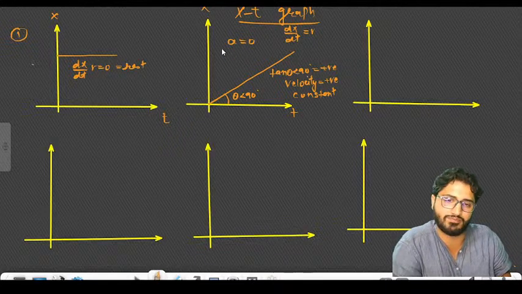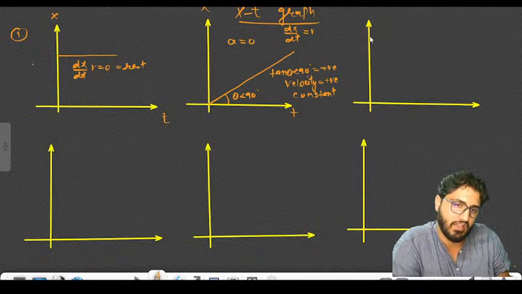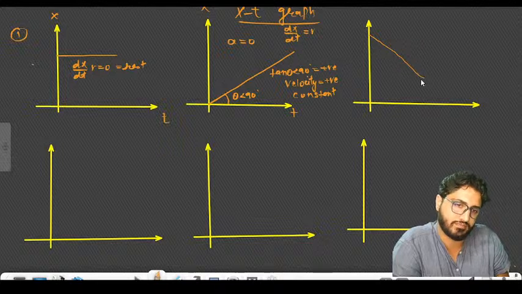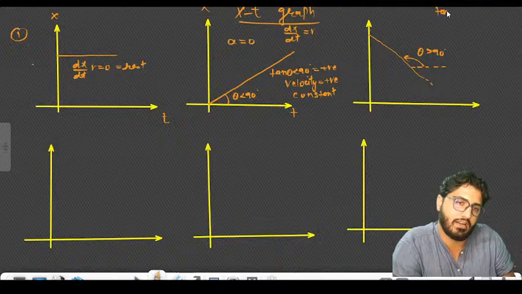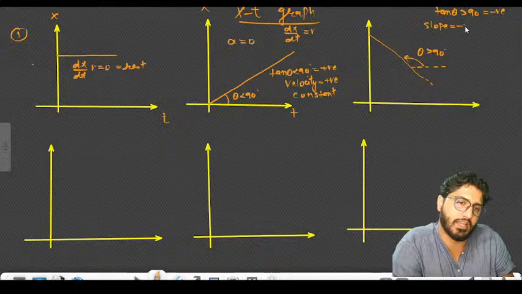Third graph, if it is going like this, I will make it like this. Look now. What is theta? Theta is more than 90 degree, and tan theta for more than 90 degree is negative. So my slope is negative.